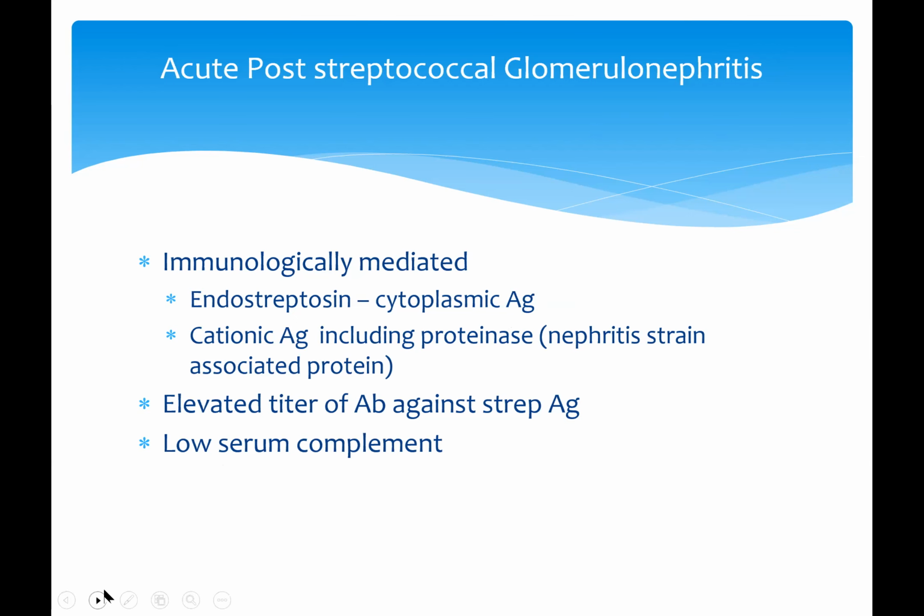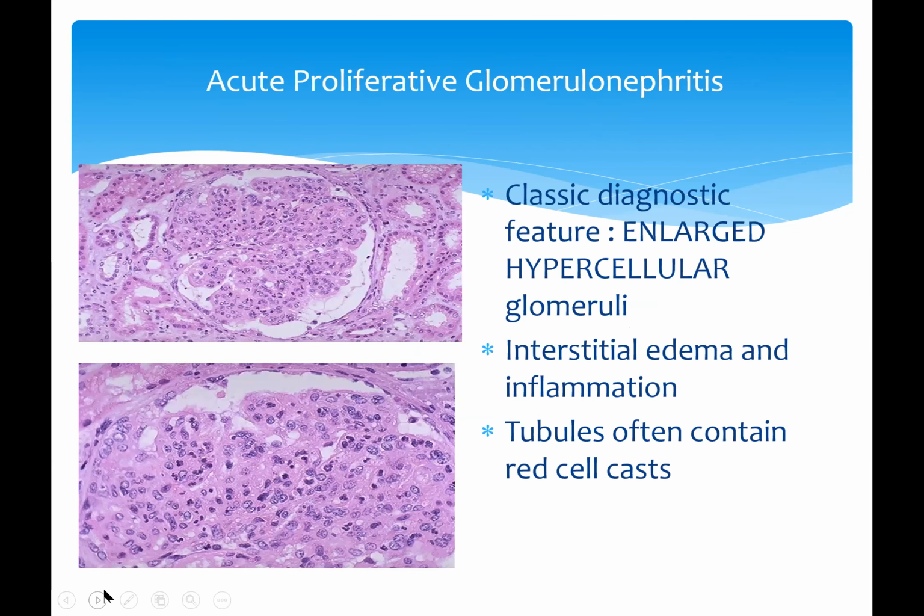So, as I have mentioned, you are expecting that the glomeruli is hypercellular. As you can see here, characteristically, the histologic feature would be enlarged hypercellular glomerulus. Why? As I have mentioned, there is infiltration of leukocytes.